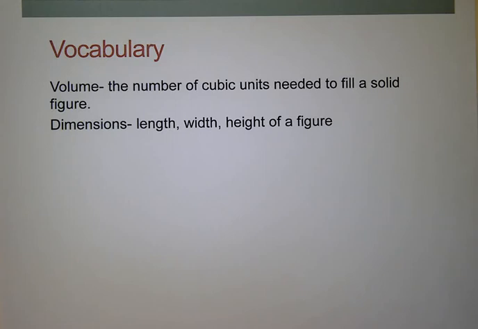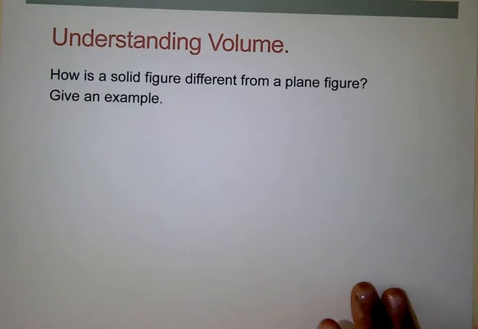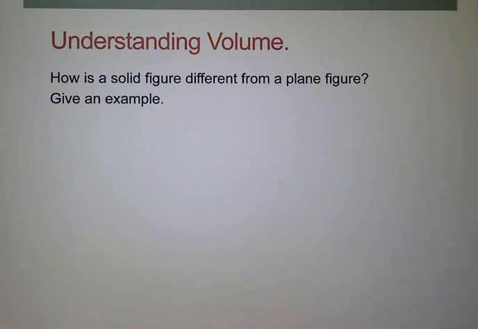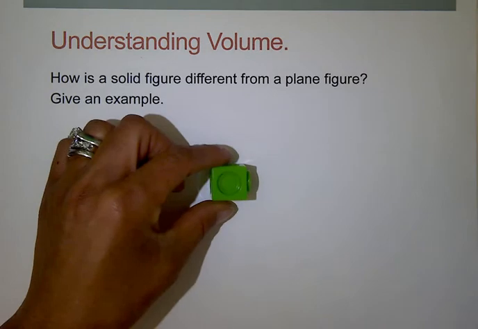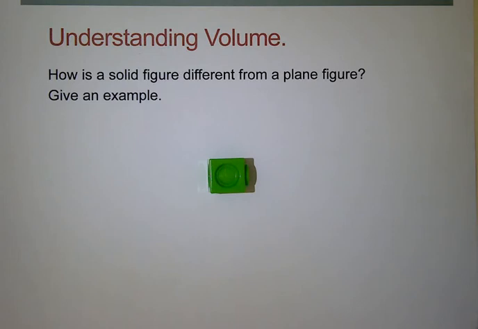So let's begin by talking about the difference between a solid figure and a plane figure. When I look at a solid figure, I'm going to look at this cube. This cube represents a solid figure.